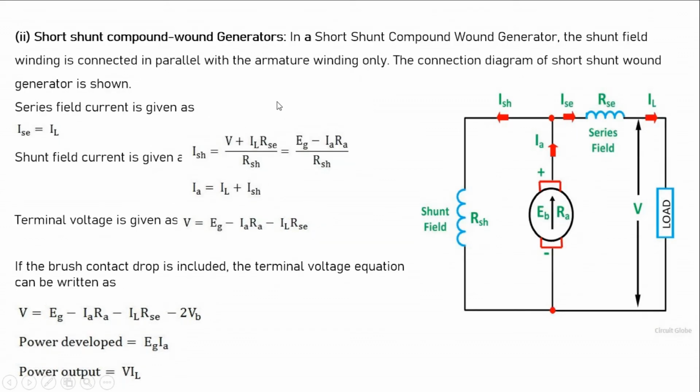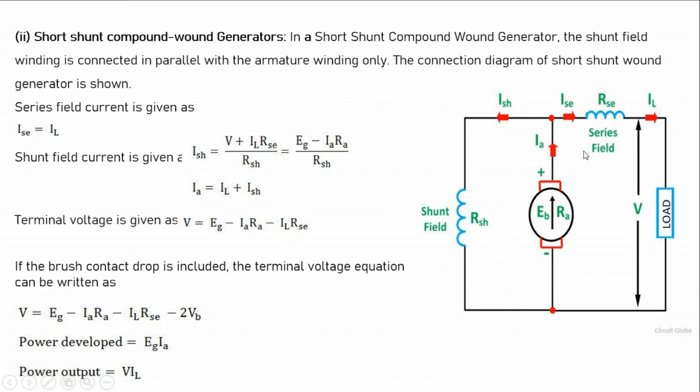In a short shunt compound wound generator, the shunt field winding is connected in parallel with the armature winding only. We can see here the shunt field winding is connected in parallel with the armature winding. It is not in parallel with the series field winding.